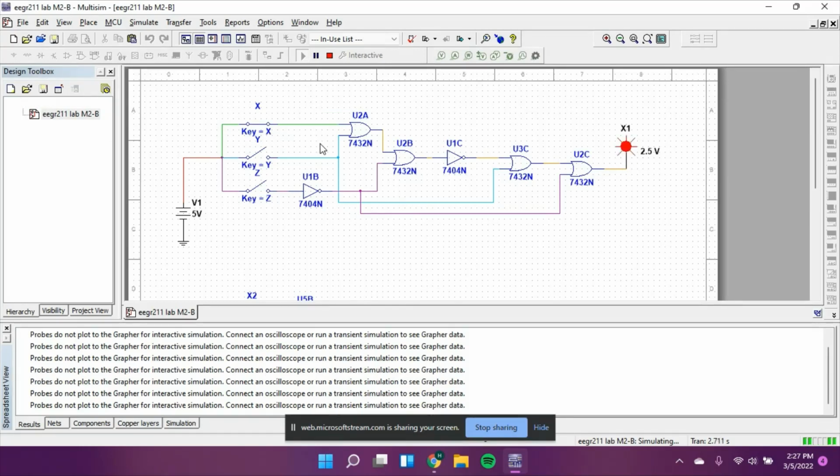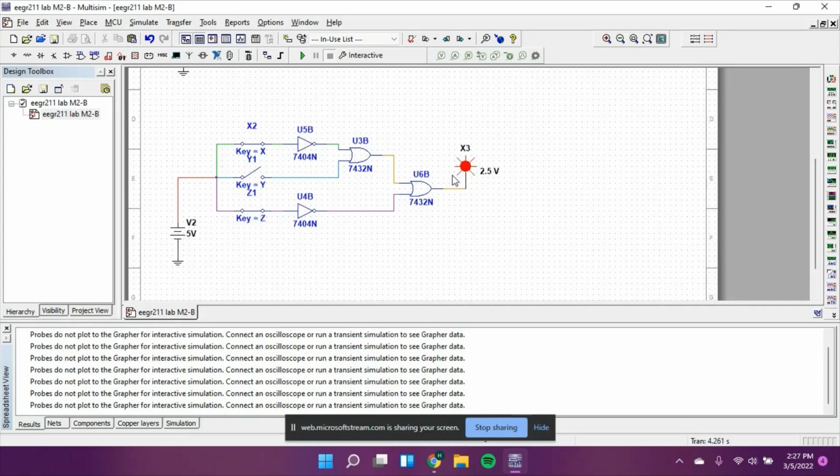Let's close x, and let's open z, the light is on. Let's close both of them, and let's close y, the light turns on. And this is the case for any combination.